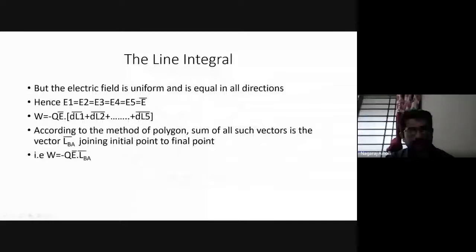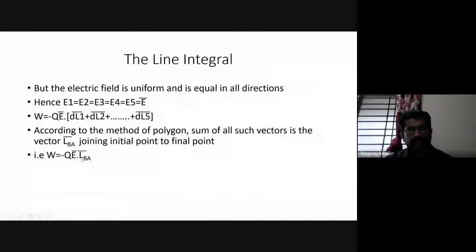Instead of DL1 plus DL2 plus DL5, I am replacing that by LBA bar. My equation will be W is equal to minus Q E bar dot LBA bar.